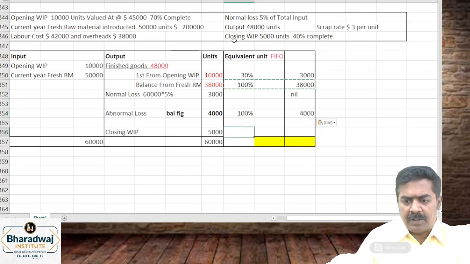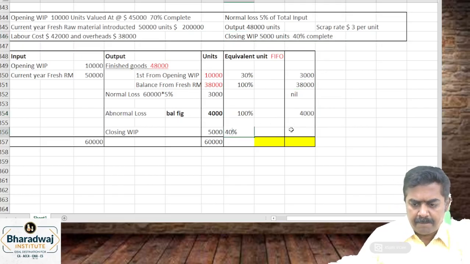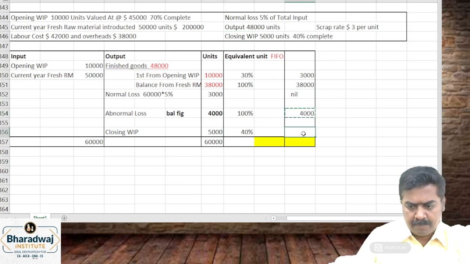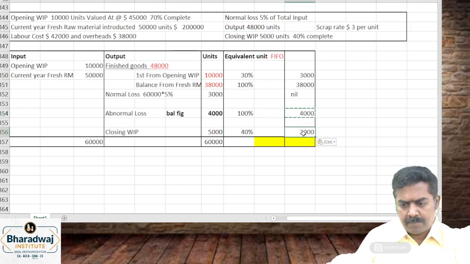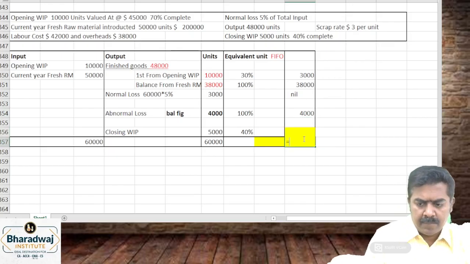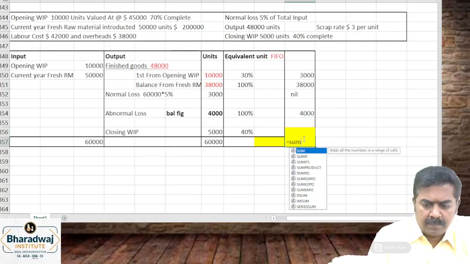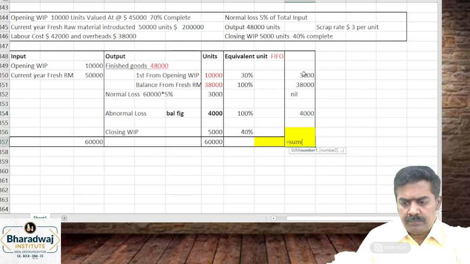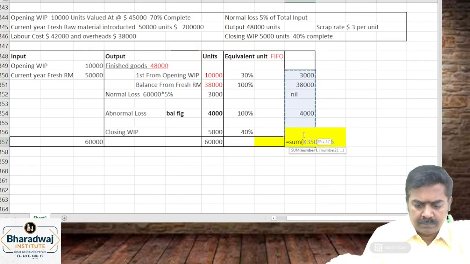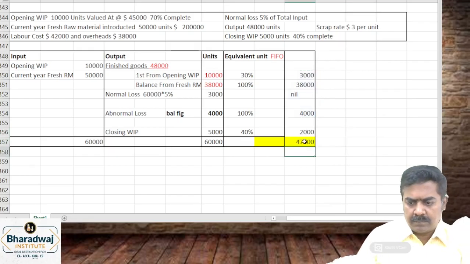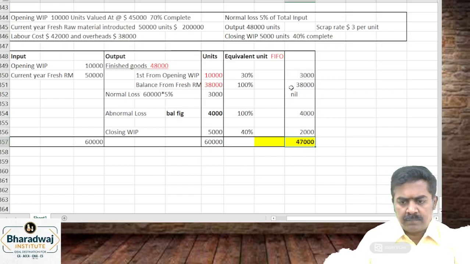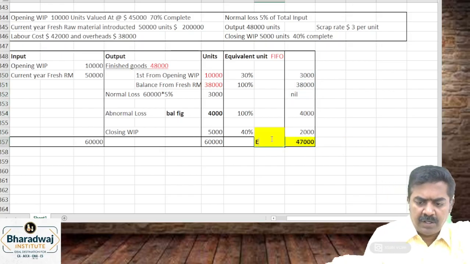Closing WIP, whatever is completed this year. This is equivalent units.